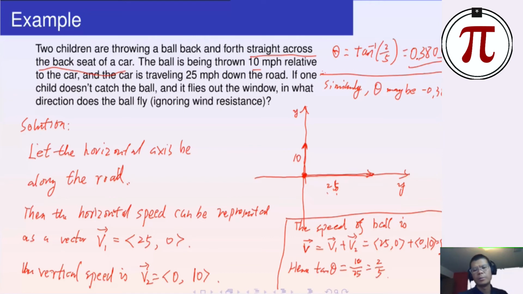It can be positive or negative if the ball goes downwards, across the back seat of the car in the other direction.